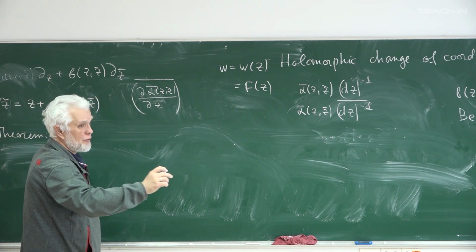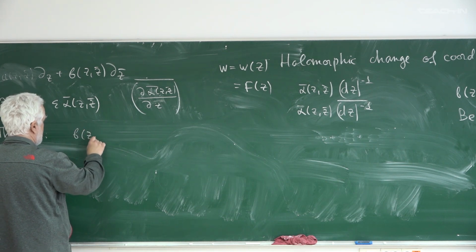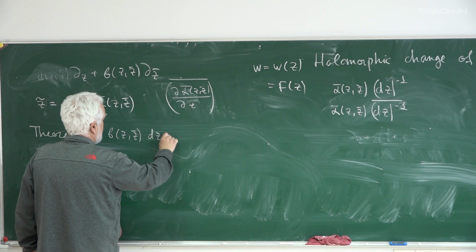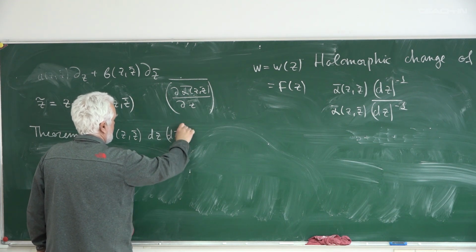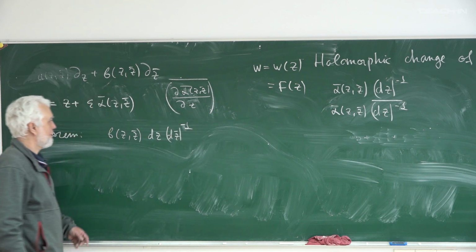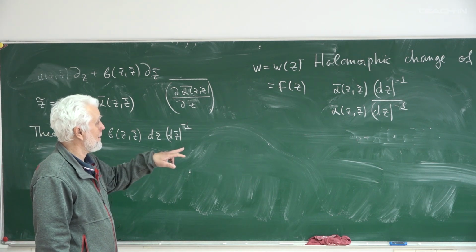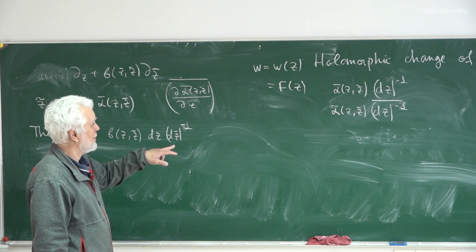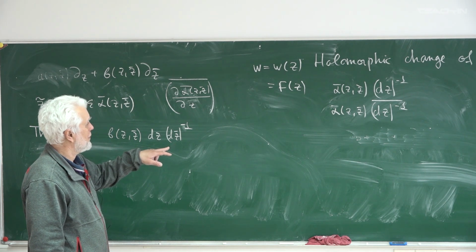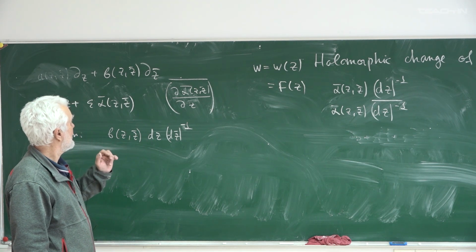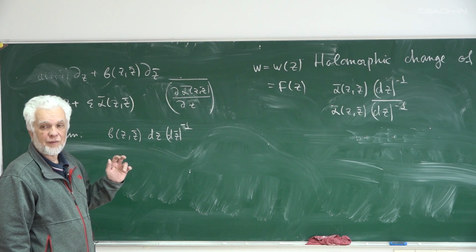Assume that we have a Beltrami differential B. Sorry, what do I understand by dz bar inverse?